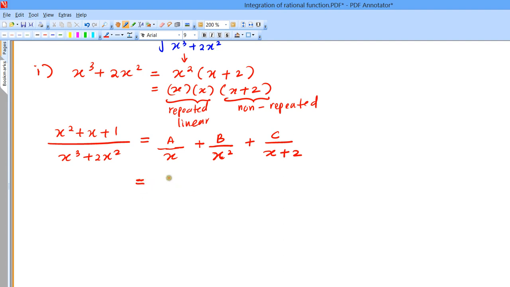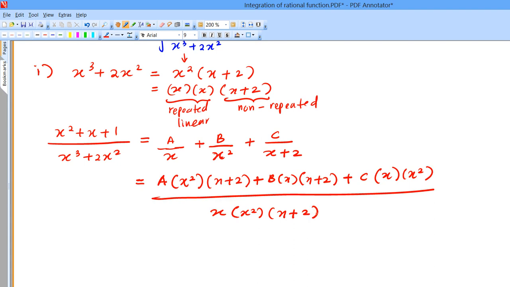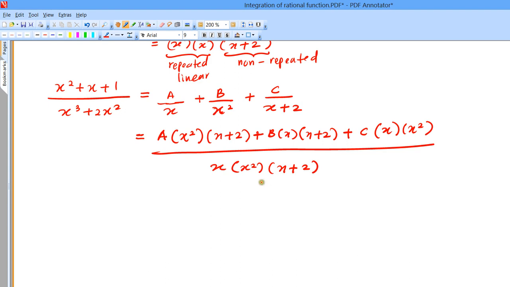So equal to A times x² times (x + 2), plus B times x times (x + 2), plus C times x², and then divide by x times x² times (x + 2). If we expand the denominator on the right hand side, it is not equal to x³ + 2x².